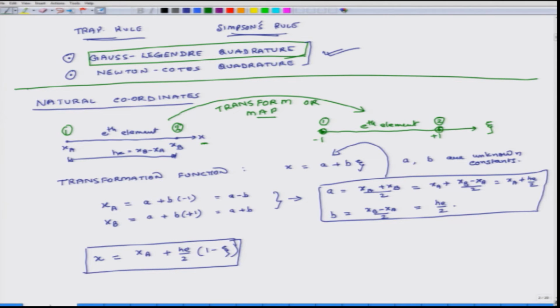This coordinate system where I have zeta is called natural coordinate system. It is also called normal coordinate system.